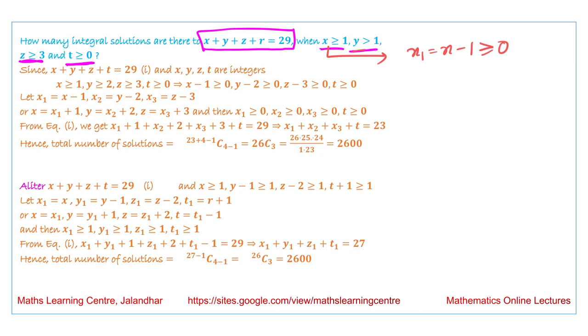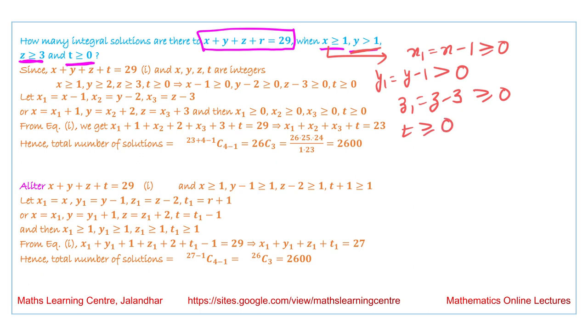Second, we write y1 is equal to y minus 1, which is greater than 0. Then we have z1 is equal to z minus 3, greater than or equal to 0, and t is greater than or equal to 0.